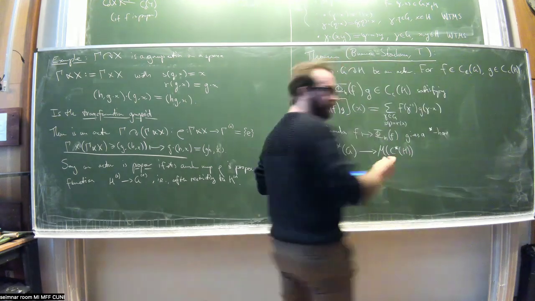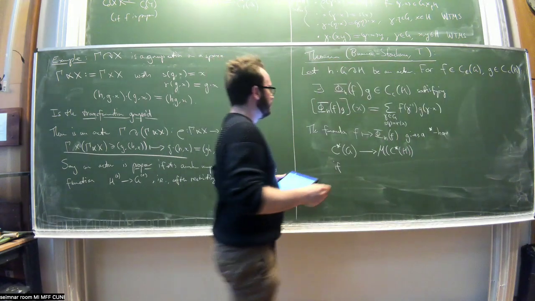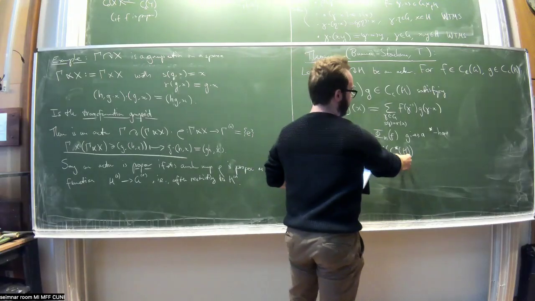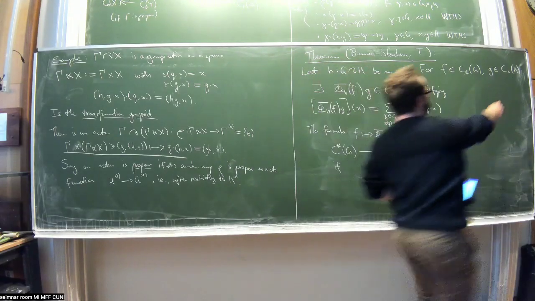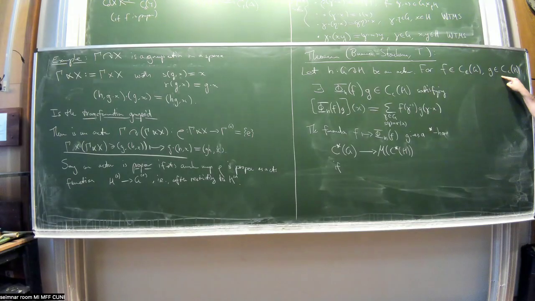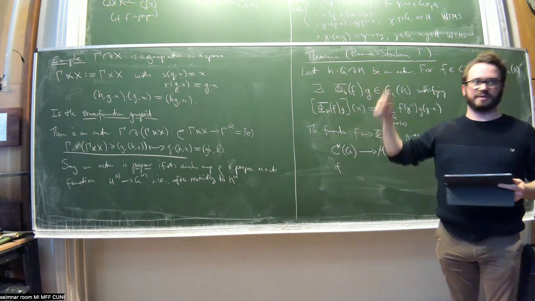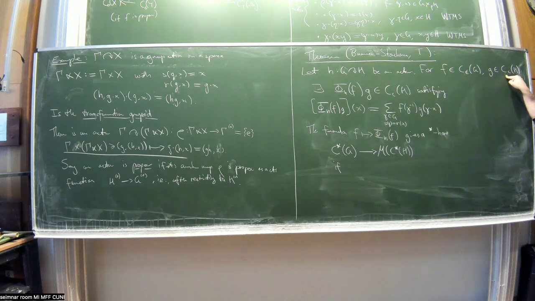So how is phi H of F defined? You define it as a multiplier on these, firstly as an operator from this to itself. In order to define the operator, you just define what it does at each element of C_c(H) and then show that it extends.